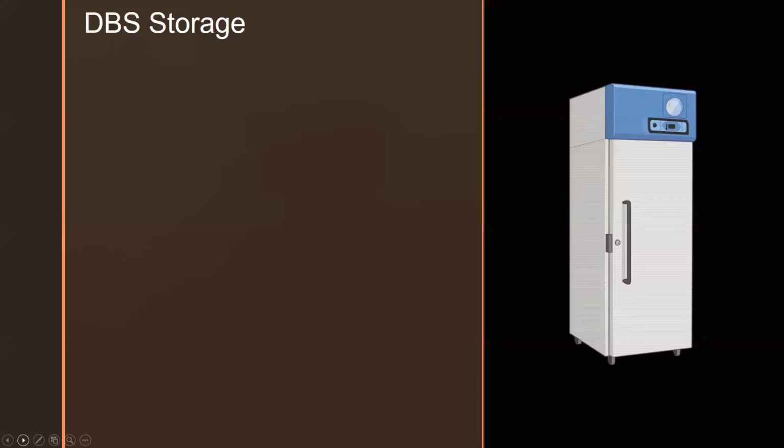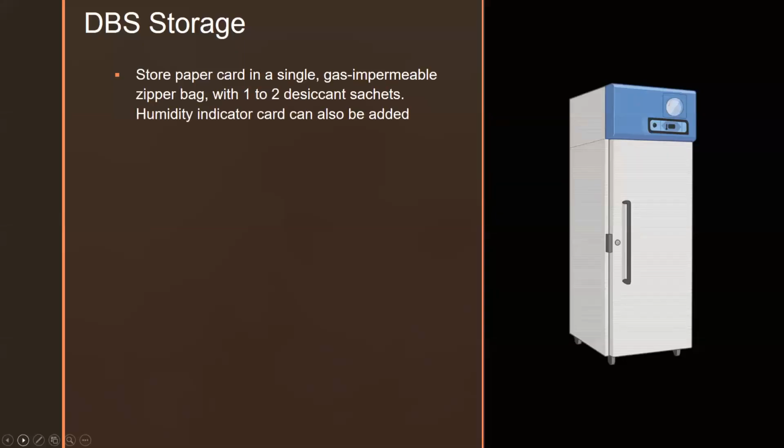As far as storage is concerned, for that initial transfer, typically they're stored in a zipper bag with desiccant satchels. The reason that you do that is because once it's dried, you don't want moisture to get in. You can also include a humidity indicator card.